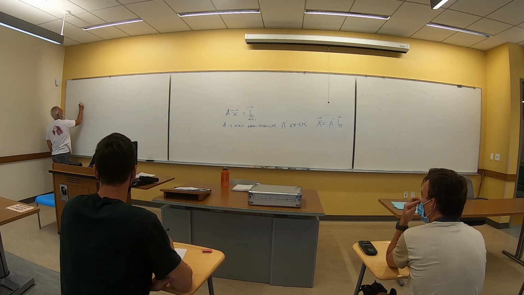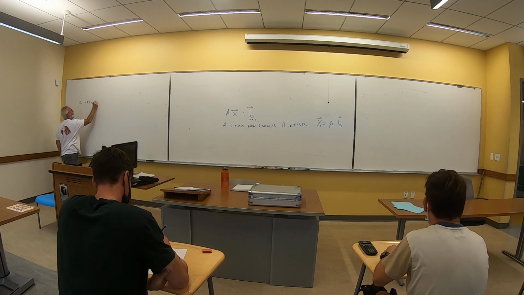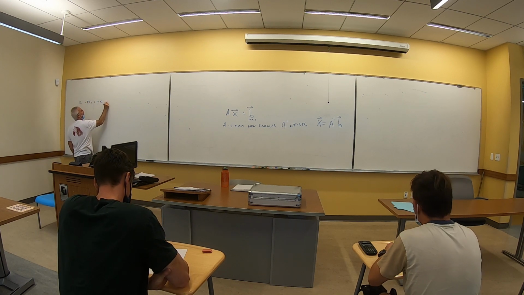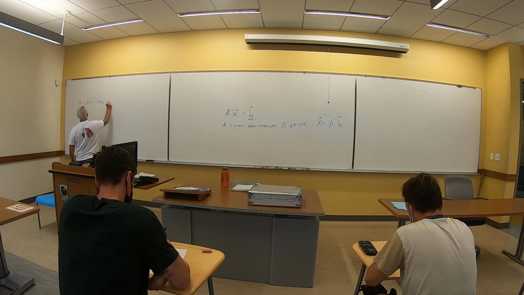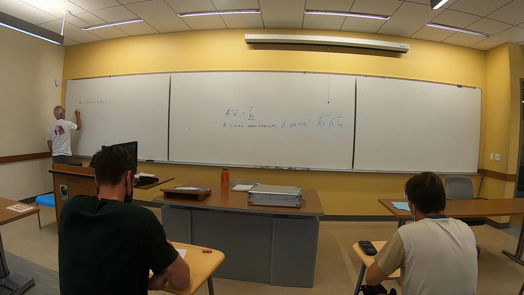And I'll make it easier to start with. x1 minus 3x2 plus 4x3 equals, let's see, let me make this simple, 7.